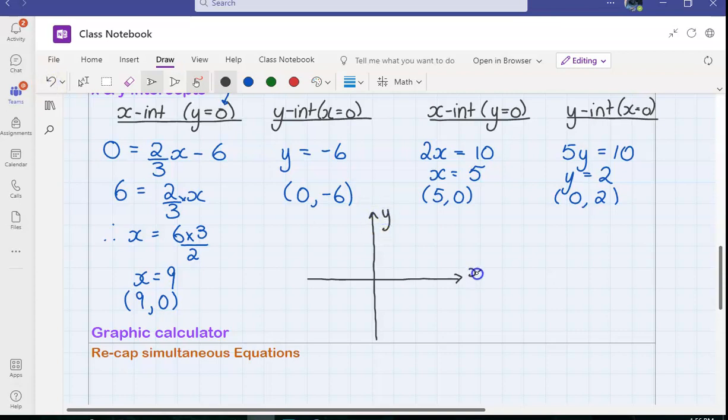We've got y, we've got x. Okay, let's plot this point, 9, 0. I will repeat, it's a sketch, so it does not have to be to scale. As long as you've got 9 on this side though, and not on the other side. You need to write this down. And 0, minus 6. And we get our ruler, not like I've done. Oh, geez, it's a bit of a shaky hand.